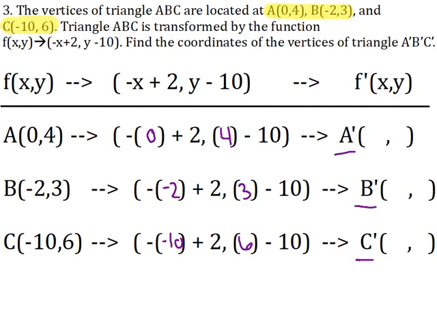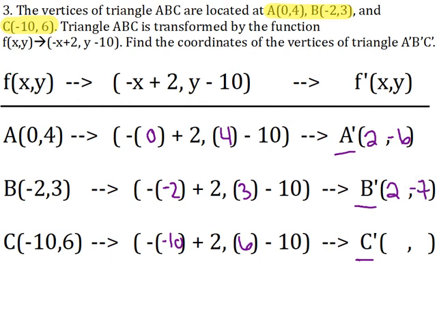So -0, that doesn't make any sense. So 0 plus 2 just gives me 2. 4 take away 10 is -6. Negative, negative, or the opposite of -2, you can think of it the same way, is just +2. 3 minus 10 is -7.